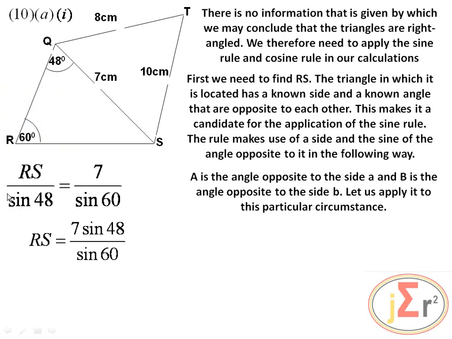Multiplying by sine 48 and eliminating the denominator of sine 48, we have 7 sine 48 over sine 60. With your scientific calculator, you just put 7 sine 48 divided by sine 60 and equal, and you get 6 centimeters in one step.